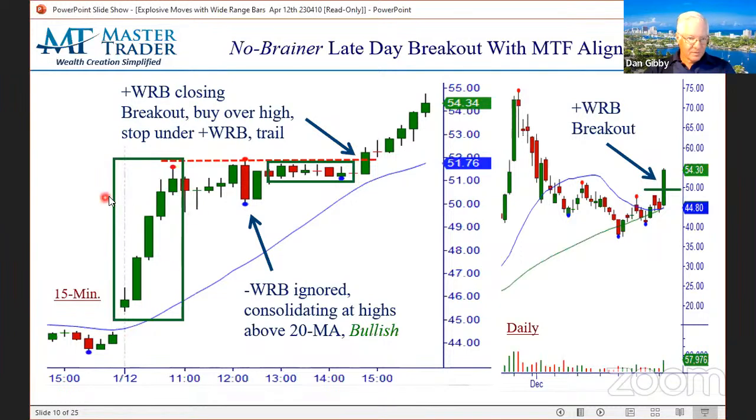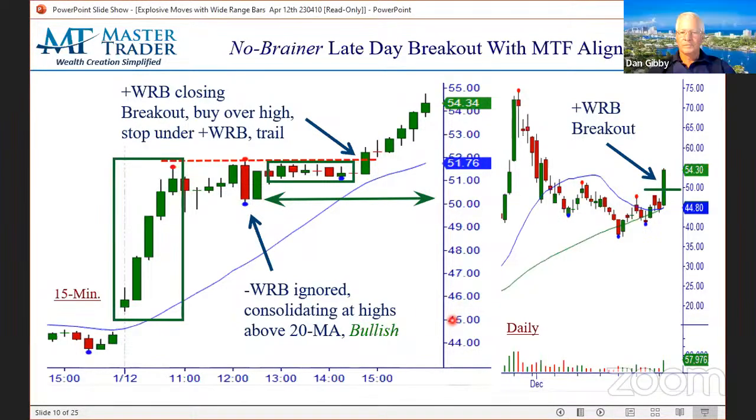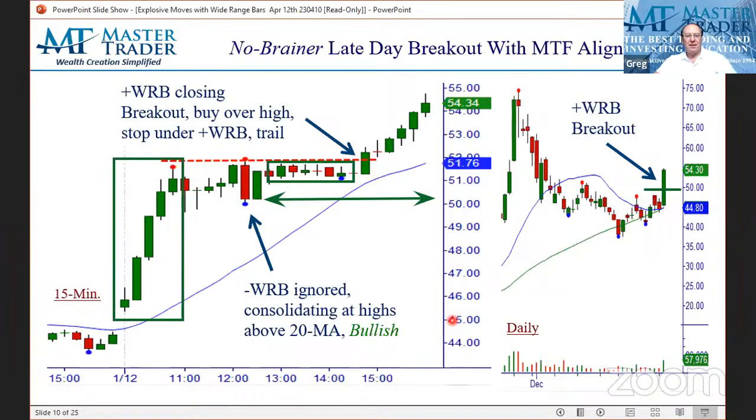Another concept. This is bullish retracement consolidation. It didn't retrace more than a third of the morning robust move. Oh, Dan, you're probably wondering, as everybody else is, what is with all my artwork that I'm putting on here? I love it. What I am showing you now is to bring about a realization that that daily chart wide range bar didn't look like that in the middle of the day.